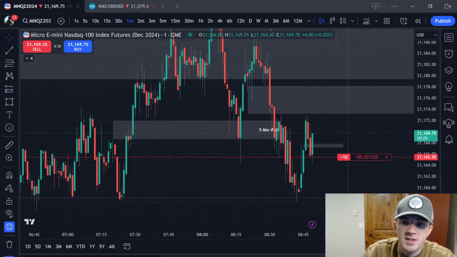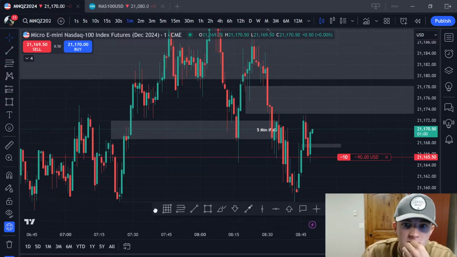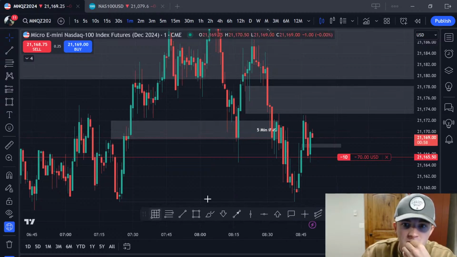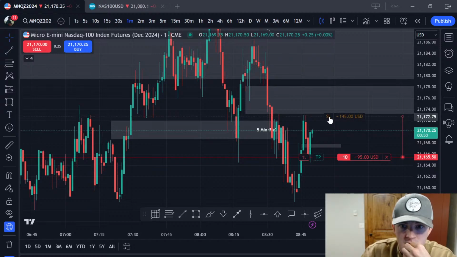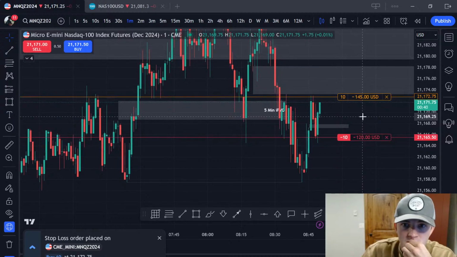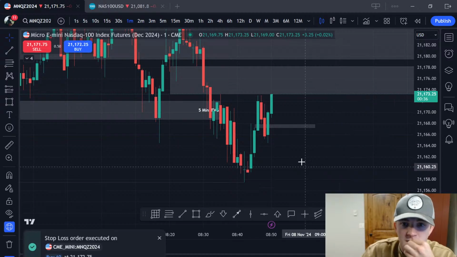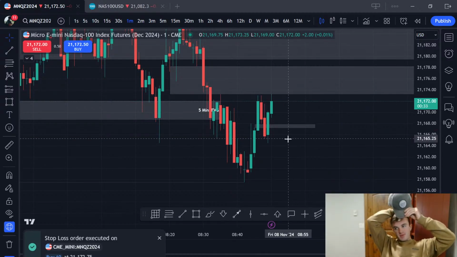Maybe that was a bad trade because we left equal highs. This is on demo, by the way. Okay, I'm trying to figure out. This is what I mean when I say I'm gonna be right about the bias.